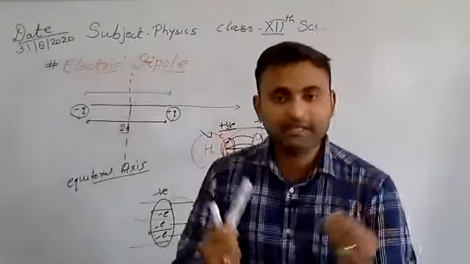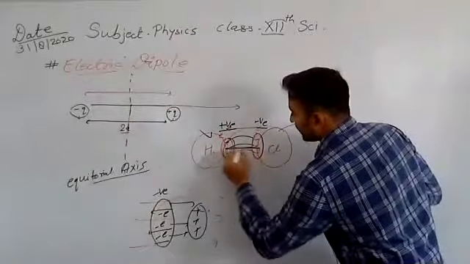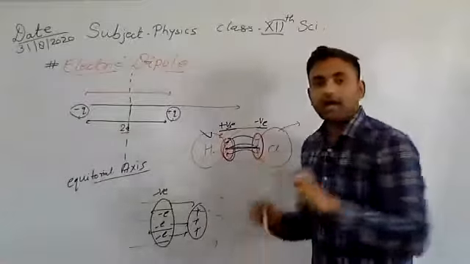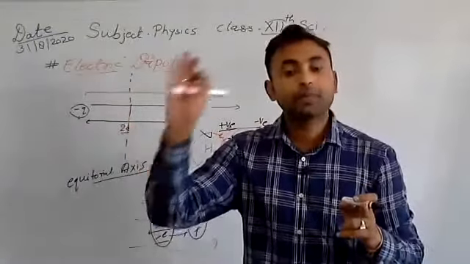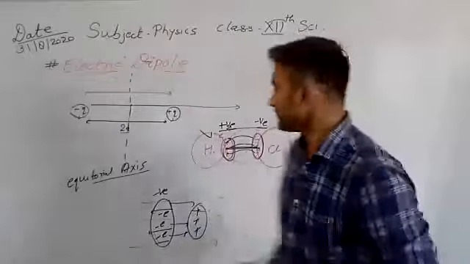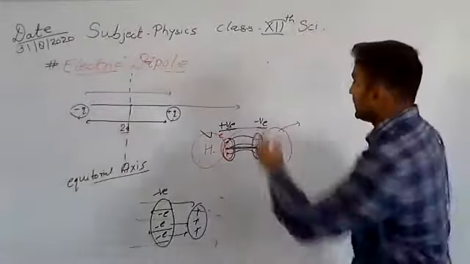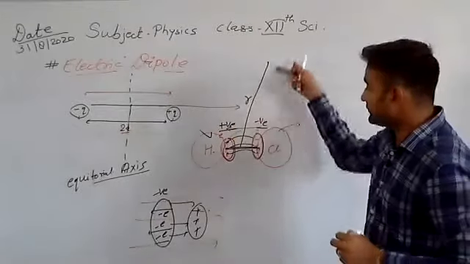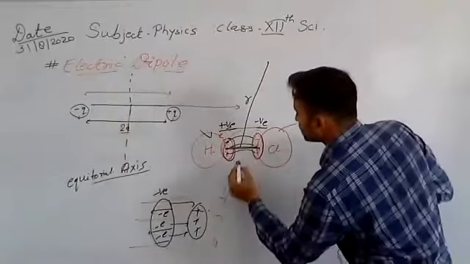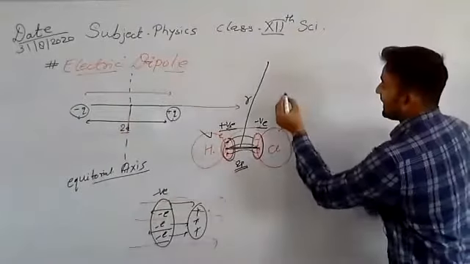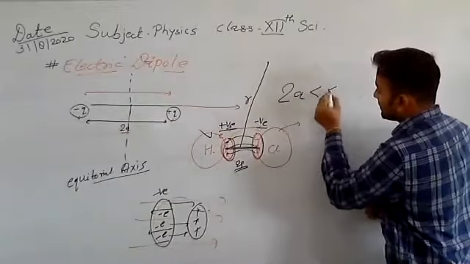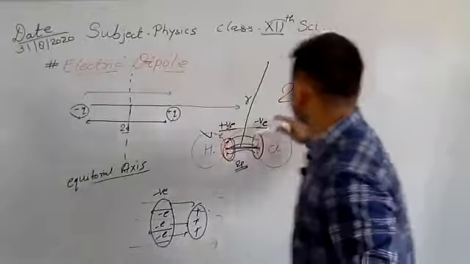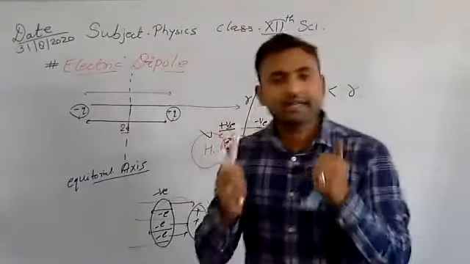But now my concern is, what is this distance? This distance is very, very less. So if, due to this dipole, I want to find the electric field or potential or anything at this point, let's say this is R, and this is 2A, then I can say that 2A is very, very less than R. We will use this expression in the derivations.